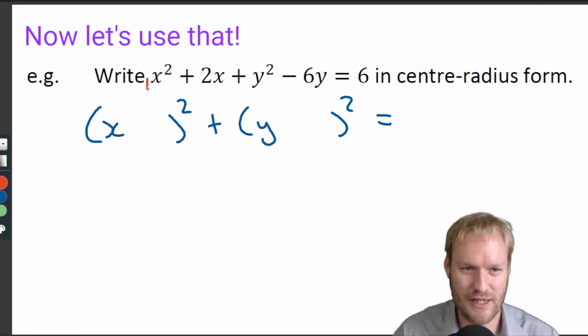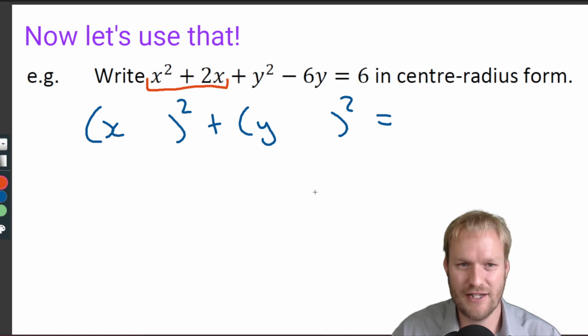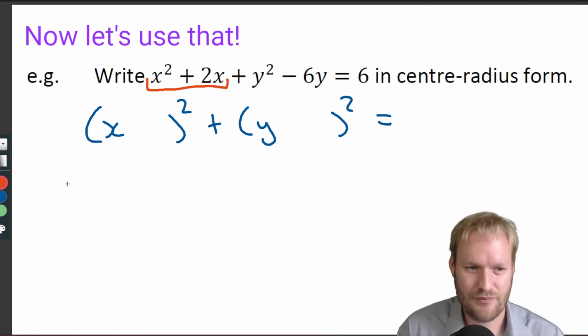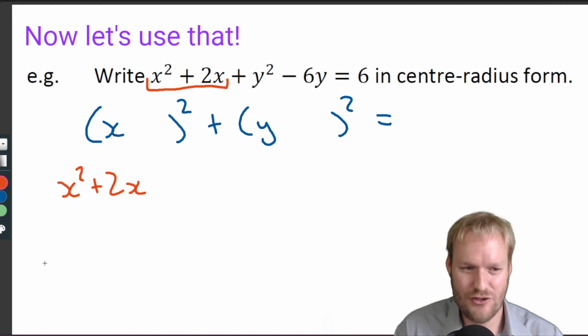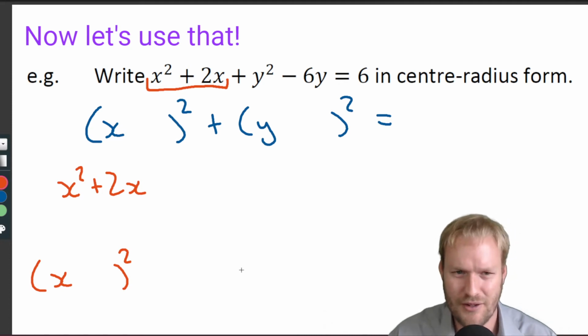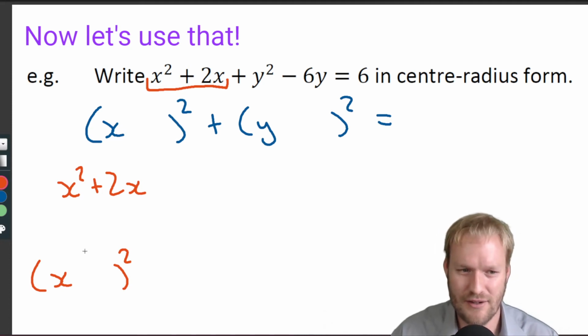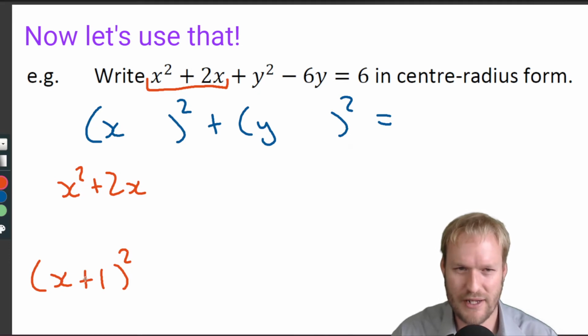So to start with, I'm going to look at these bits here. X squared plus 2x. So the x squared plus 2x, I want to turn into x plus something squared. Now think through that example we've just done. I think this is going to be plus 1. Okay. Remember that if we multiplied this out, we would get x squared plus 2x plus 1. So this bit I've written so far is equal to not quite this.